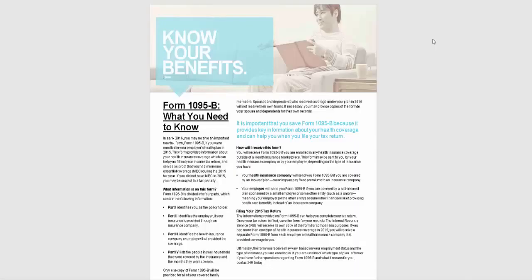Well, I'm one of those people that always files an extension to get me through till October. So just be aware that the IRS is asking me to hold on to this form and keep it in my tax file, because I'm supposed to keep that stuff for 7 years. And if the IRS wants to look at it, they could come back and certainly request it.